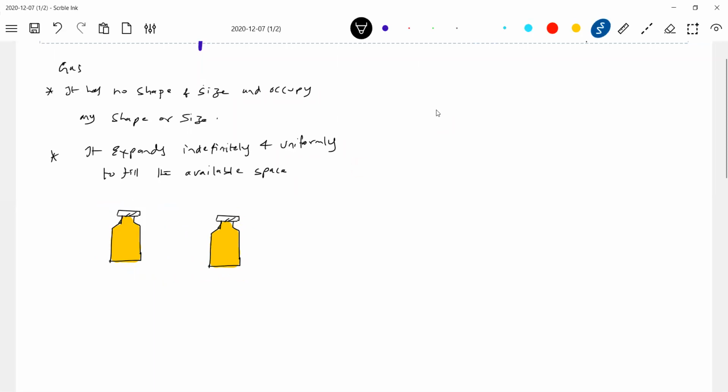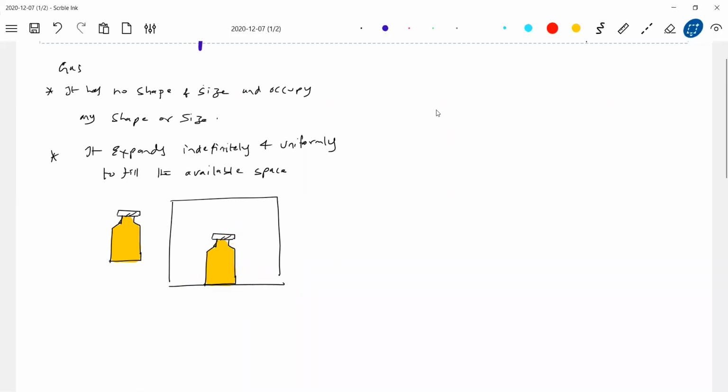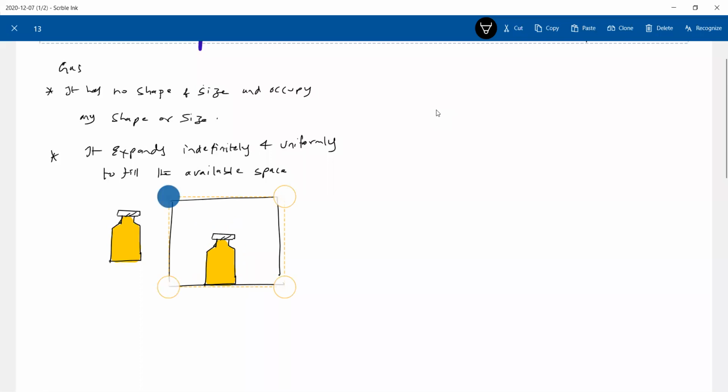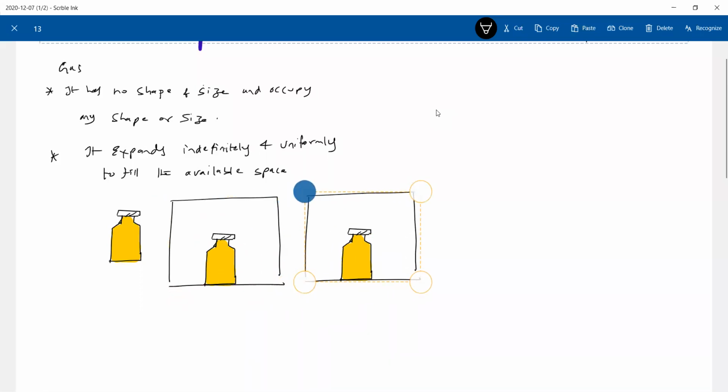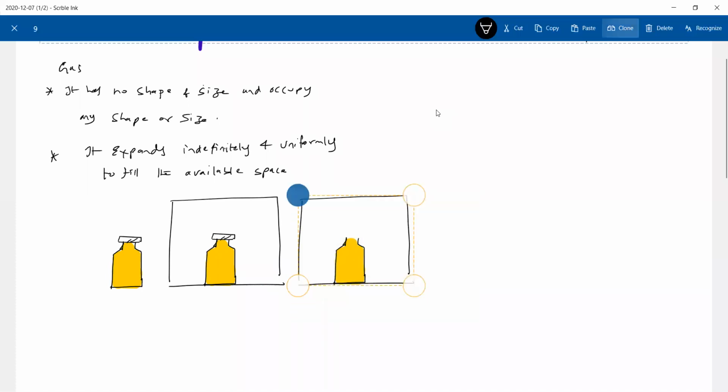And I'll keep this in a container or in a room. It is a room. Now if I open the lid, what will happen to the gas?